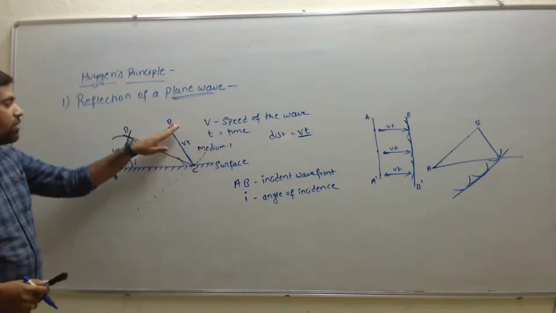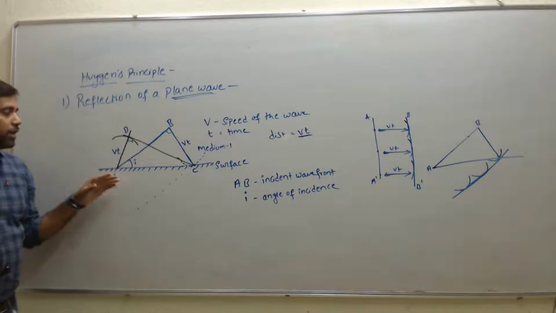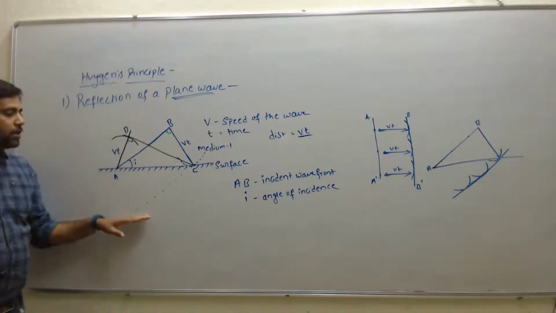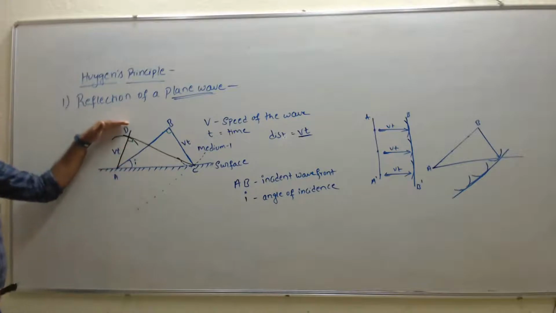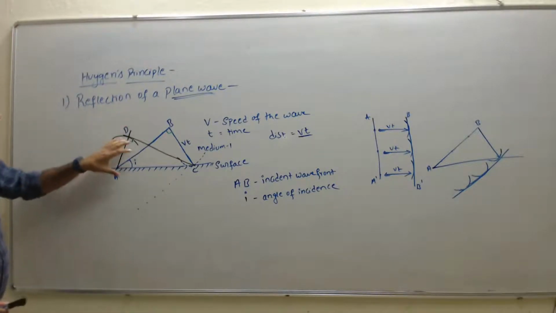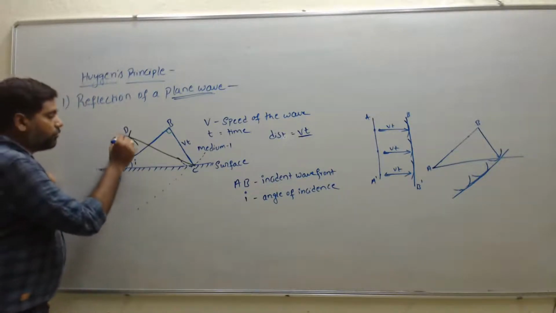So the distance traveled by the B point is equal to the distance traveled by the A point, that is source A. Here it is not transmitted into the second medium, but it reflects back to the same medium. Then we get the distance vt, and we draw the sphere of radius vt. Then we get one wavelet.